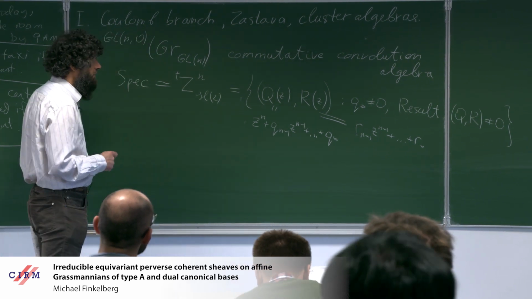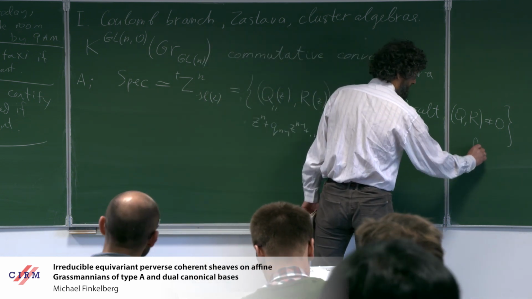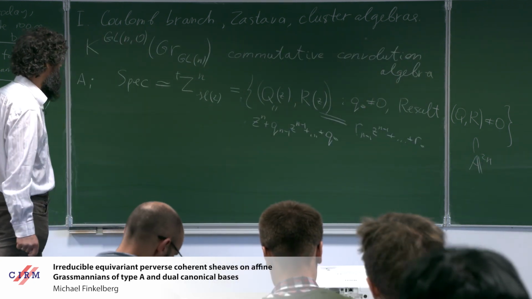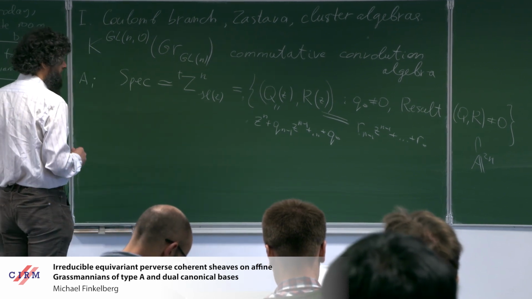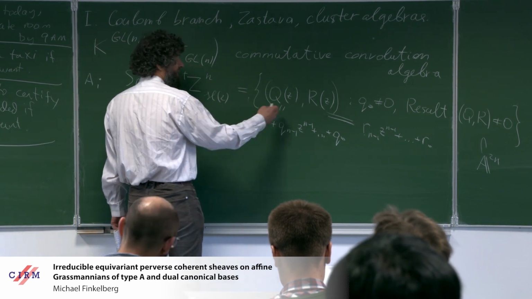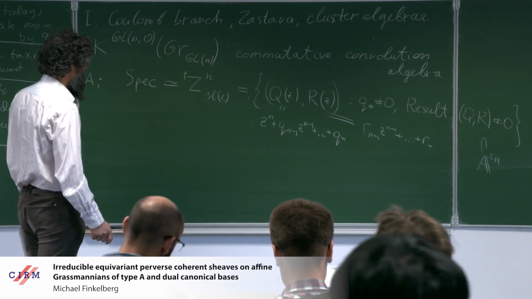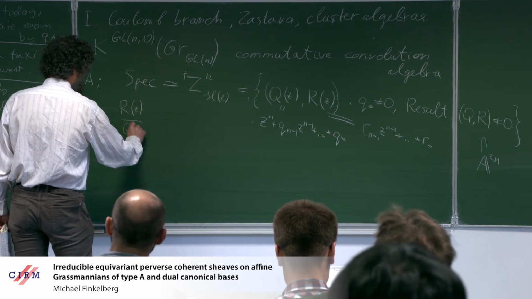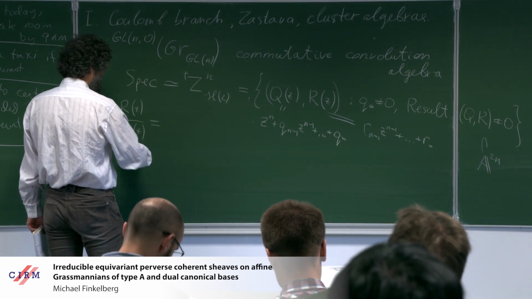Okay, so this is just an open subspace of two n-dimensional affine space. And this isomorphism is very explicit. Namely, well, let me introduce certain auxiliary coordinates on this side, and then I will say what will they go to on the Grassmannian side. So we take R of z over Q of z, and we develop it at infinity.